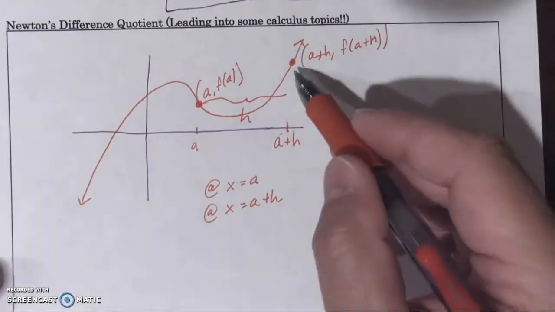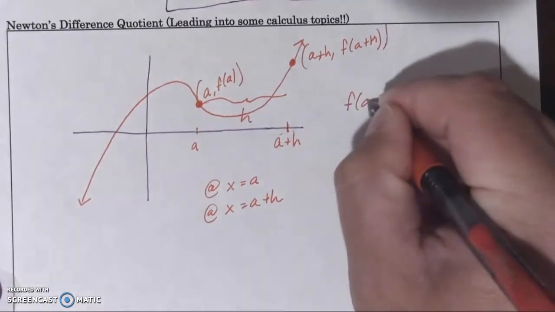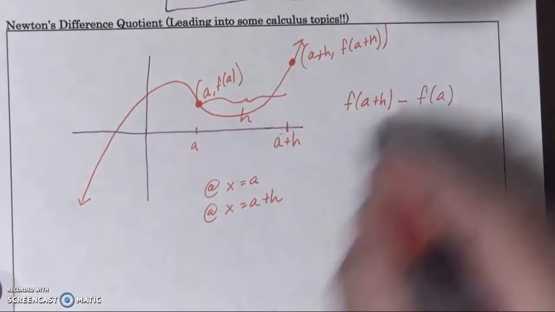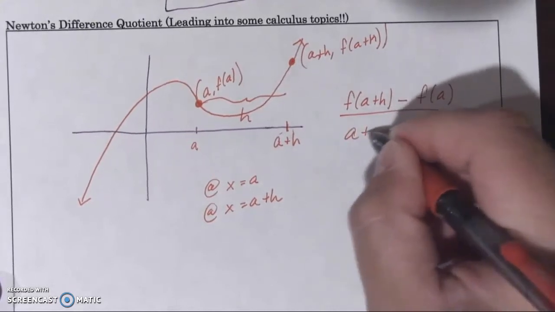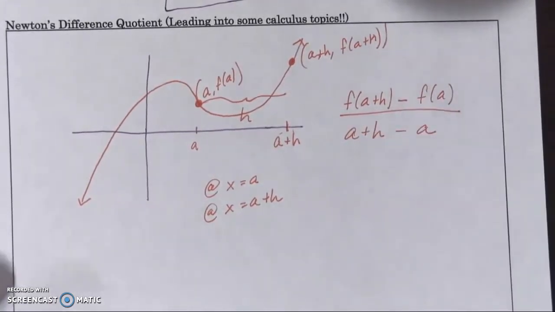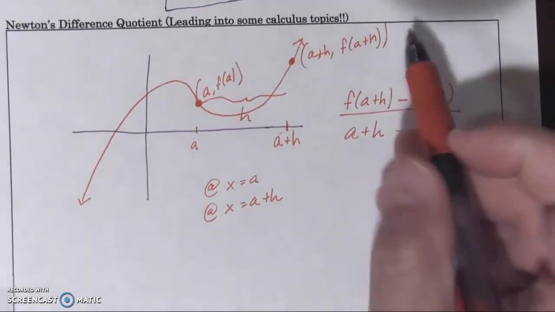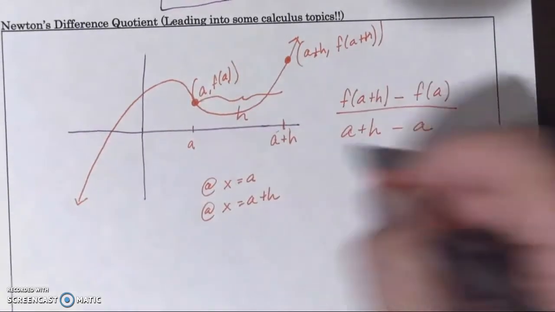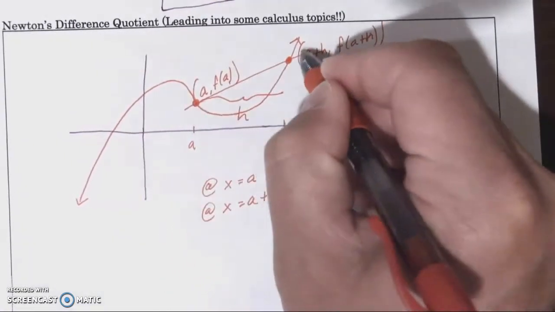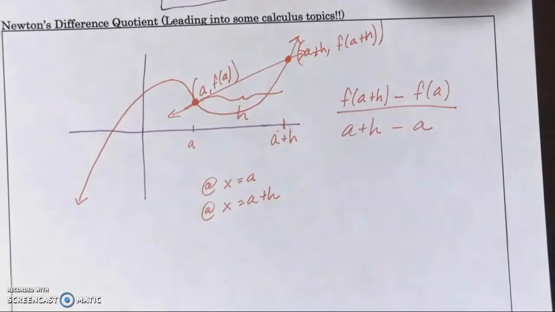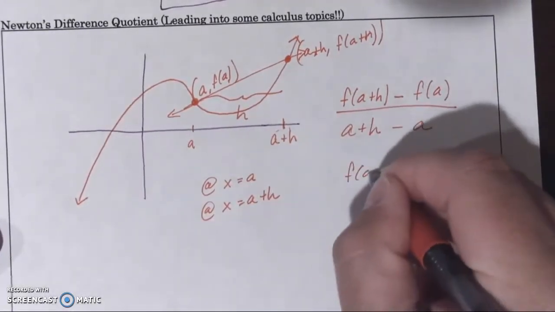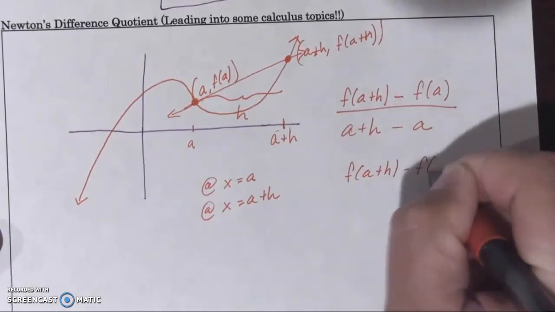We have f of a plus h minus f of a all over a plus h minus a. Basically y2 minus y1 over x2 minus x1. This is also representative of the slope of the secant line, just like it was previously. What happens to the a's here? They cancel.